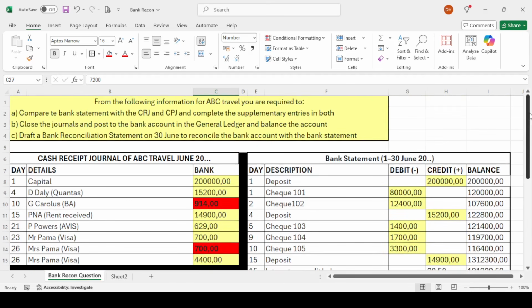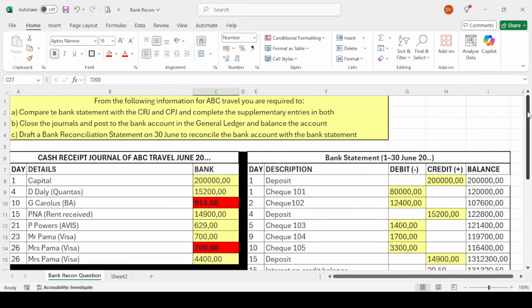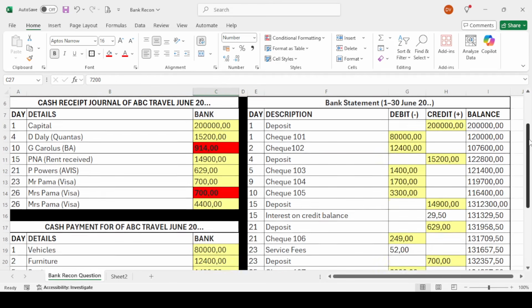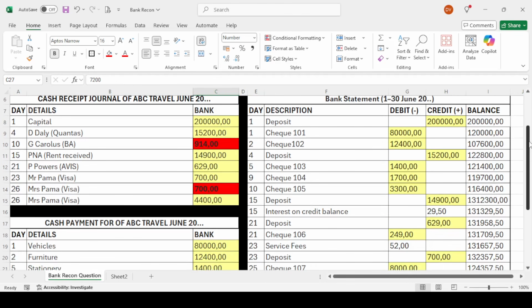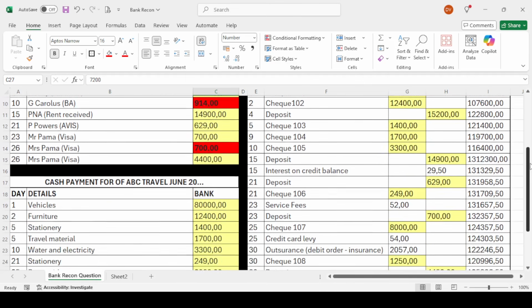The only thing now left to do before you can carry on is you check now on your bank statement, which amounts did you not tick?